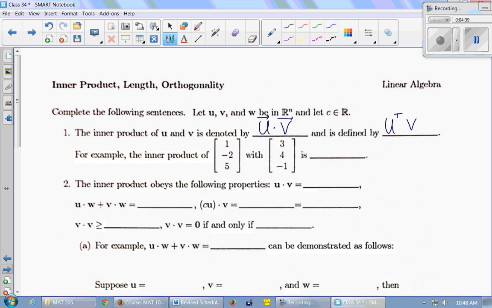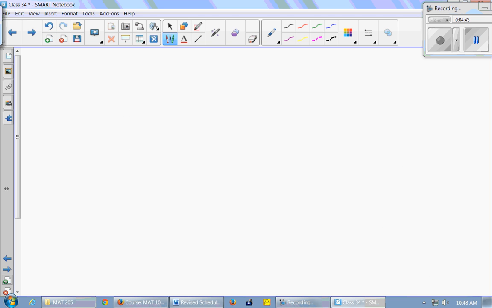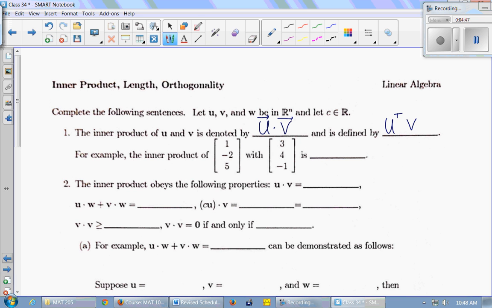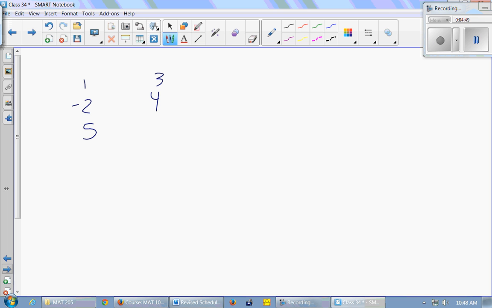So let's see, 1, -2, 5, 3, 4, -1. We'll do it out both ways. If I was going to do the dot product of these two, it basically means multiply corresponding entries and add them all up, right?